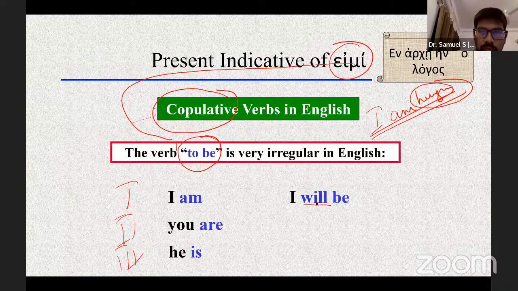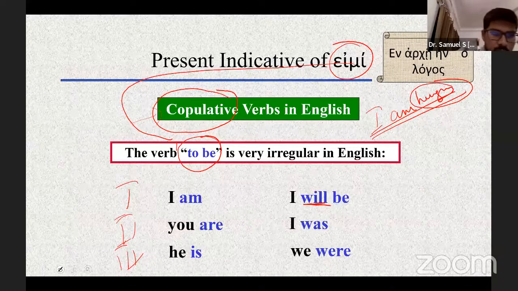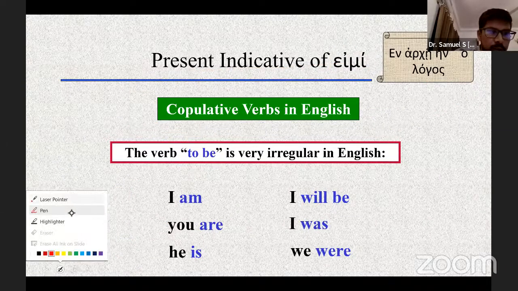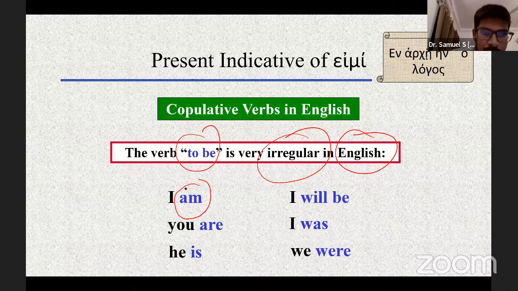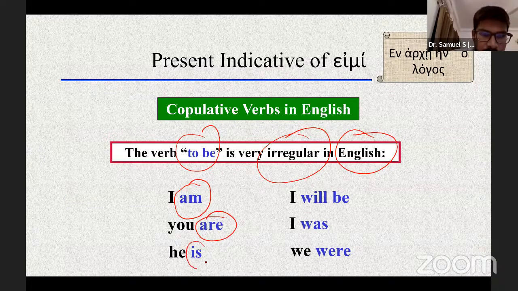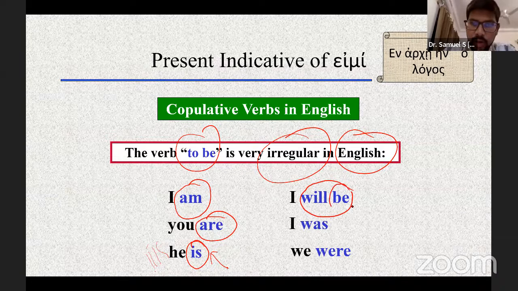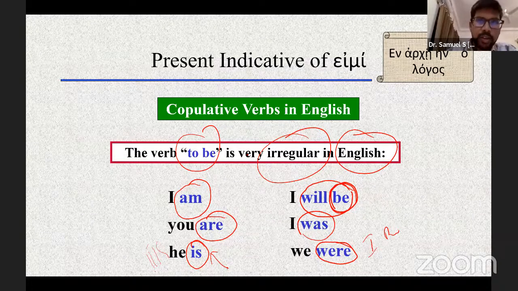I am, I will be. Right? Oh, I'm sorry, this is not in person. This is just to show how the verb to be in English is very irregular. It changes form. Sometimes it is am, sometimes it is are, sometimes it is is, right? Now this is the third person singular, is. In the future, will be, a new word is now added in the future. Was in the past, were in the first person plural, right? Very irregular.